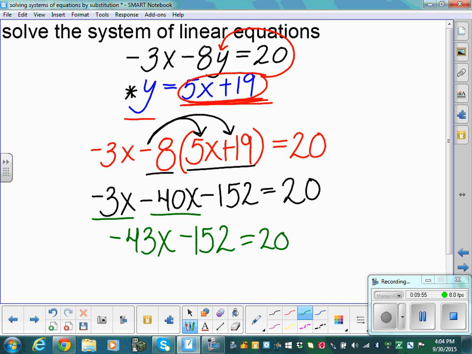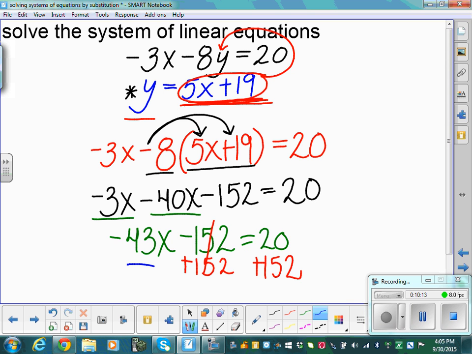Now remember, our goal is to get x all by itself. We're trying to solve for x. So I'm going to add 152 to both sides of the equation. So over here on the left, I'm going to come over here so I have more room.